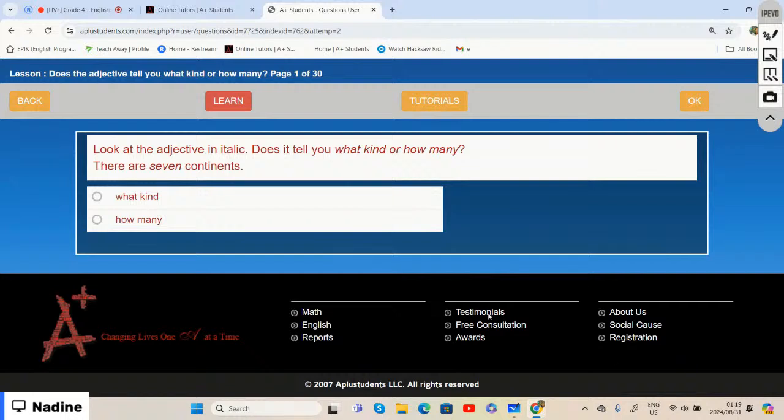All right. So do we say it tells us what kind, or it tells us how many? The word in italics is 7. So does it tell you what kind or how many?